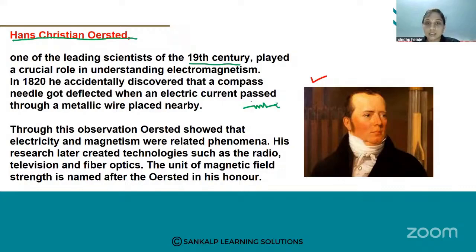See, this is the resistance, and this is our key which is connected to the battery, and other components are also there in the circuit. Imagine he used this circuit and one compass near this circuit. Accidentally, he found that a magnetic effect is generated when electric current flows through this circuit.